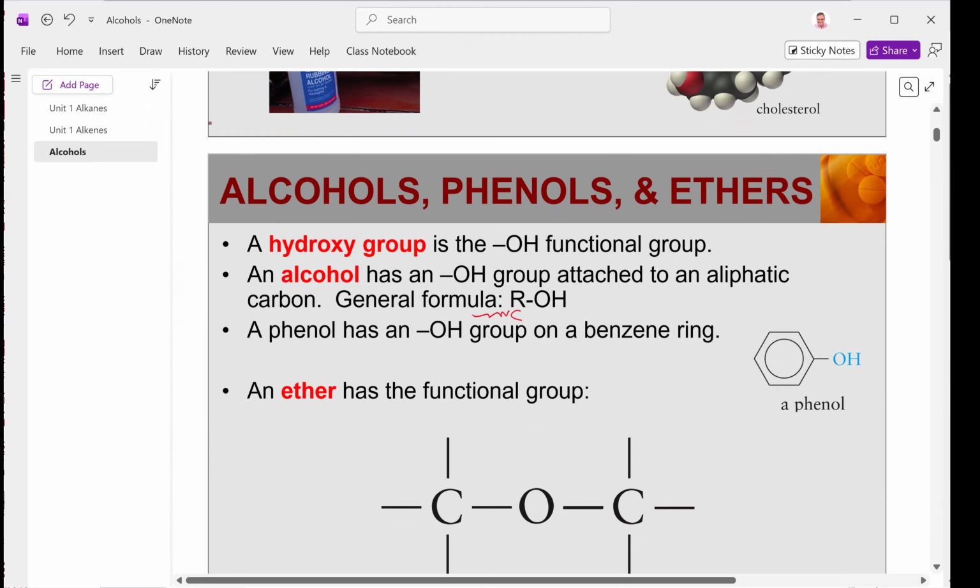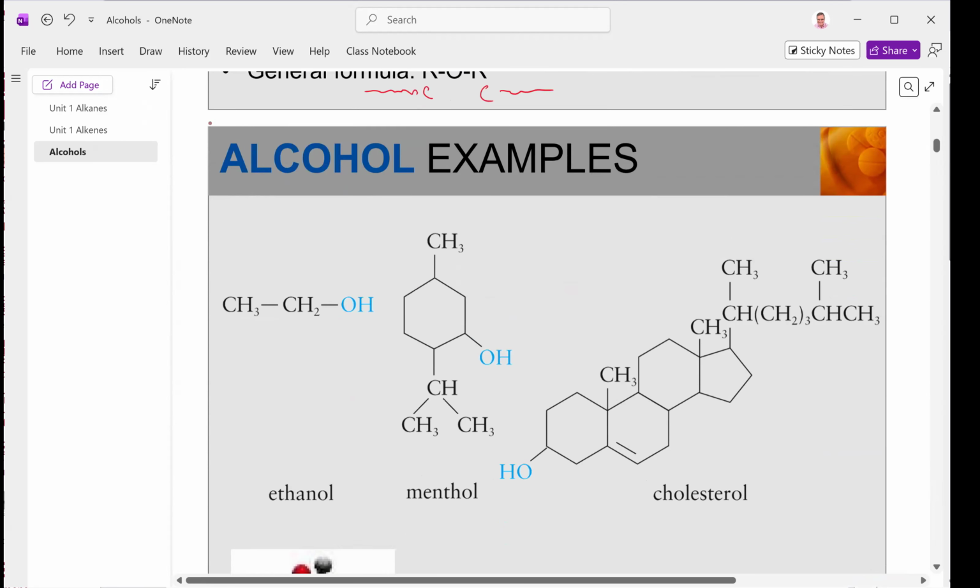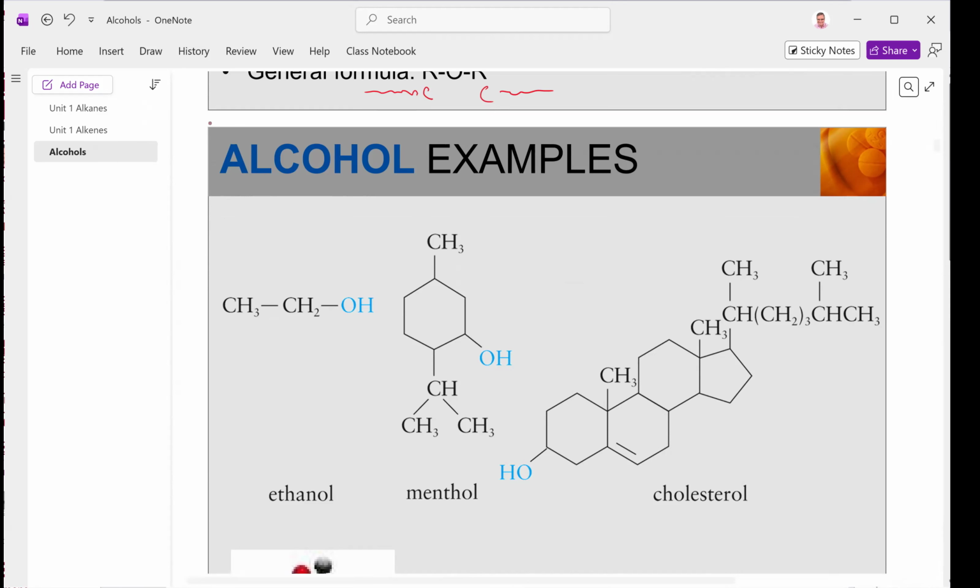The other term they use for R is alkyl. They'll say an alkyl group. That's just any organic compound. Very generic. So all these are alcohols. Why? Because they have hydroxyl groups.